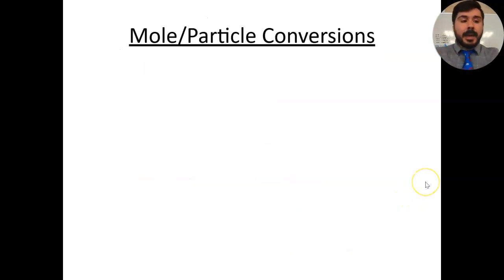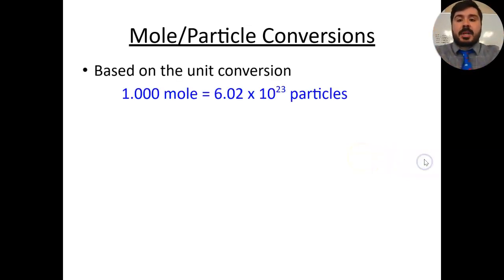Okay. Now, with this idea of the mole and converting between moles and particles, it's going to be based on this conversion factor here, or this unit equality here, right? So if I have 1 mole of something, I have 6.02 times 10 to the 23rd particles of it, right?